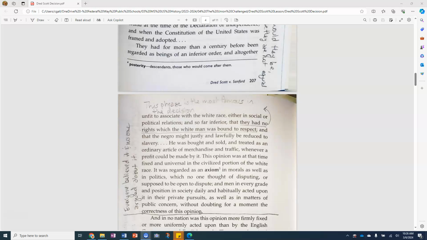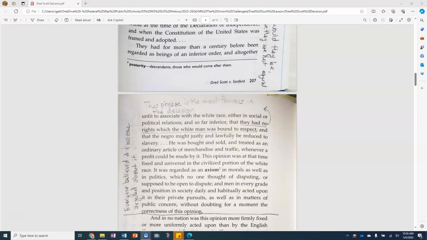And political relations. Now he's talking about government. He's saying black people were never meant to be included in the government or as part of the government. And that they were so far inferior, so much less than, that black people had no rights which the white man was bound to respect.